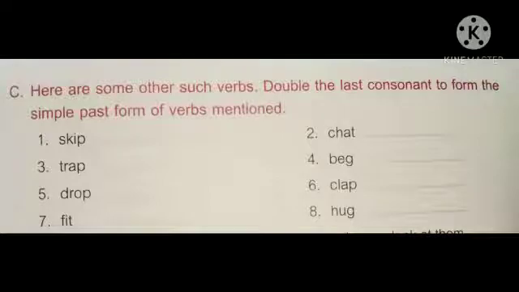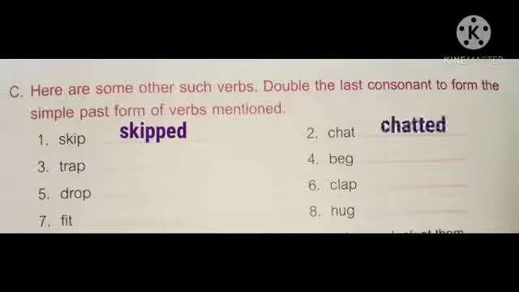C. Here are some other such verbs. Double the last consonant to form the simple past form of verbs mentioned. Here you have to double the last letter to form it in a simple past tense. First one, skip, skipped. Here ped is added to the word. Okay.